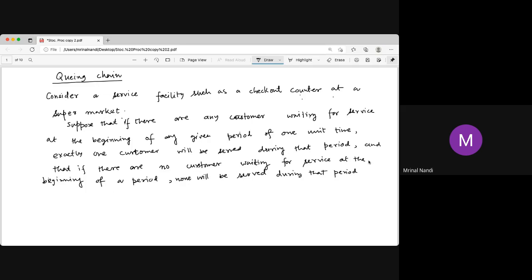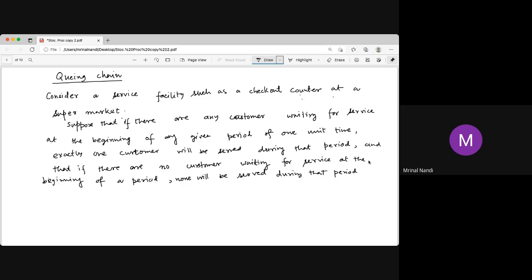So if at 9:03 there is no customer, then the next customer, if there is one, will be served starting at 9:04. If some customers came at, say, 9:03 and 45 seconds, another at 47 seconds, and another at 9:03 and 58 seconds, three customers are there, still there is no service.